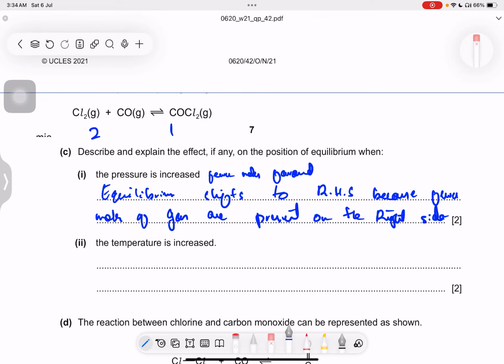The temperature is increased, and the forward reaction is exothermic. So increasing the temperature will shift the equilibrium towards the left, as the forward reaction is exothermic.